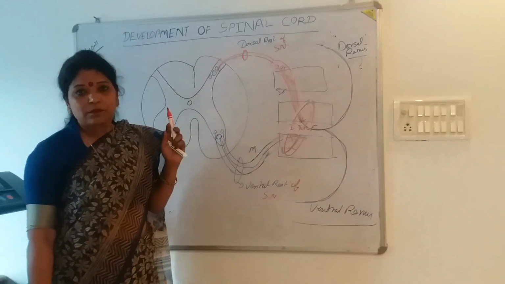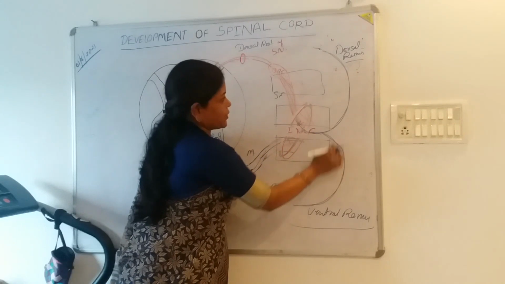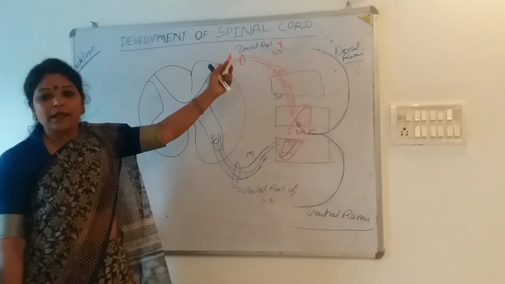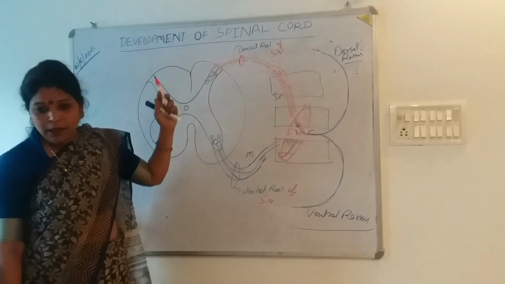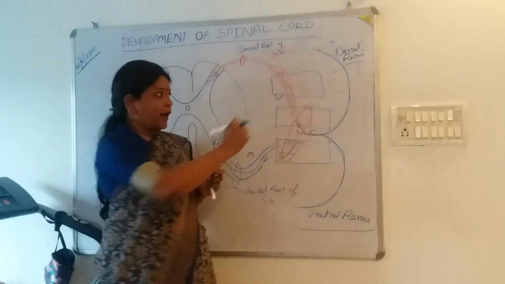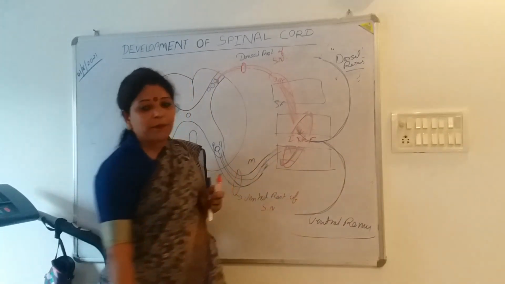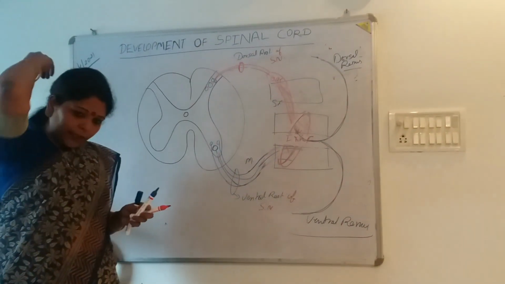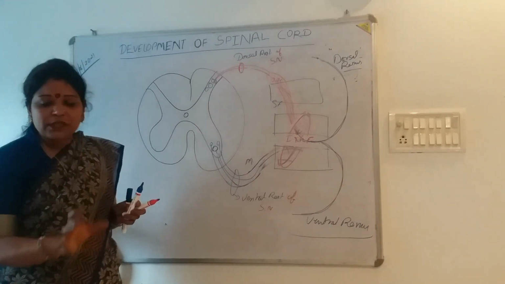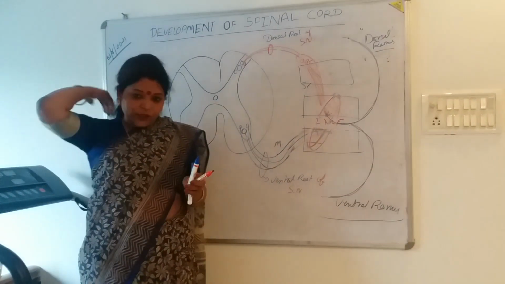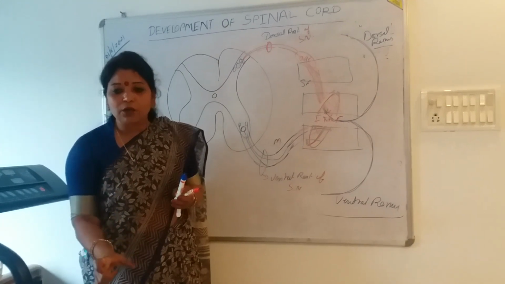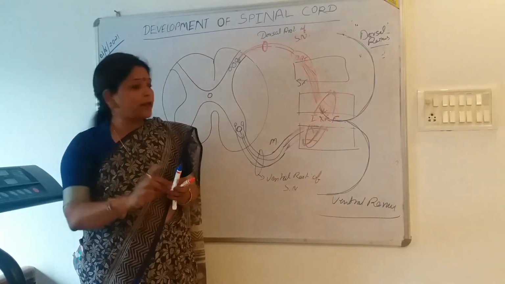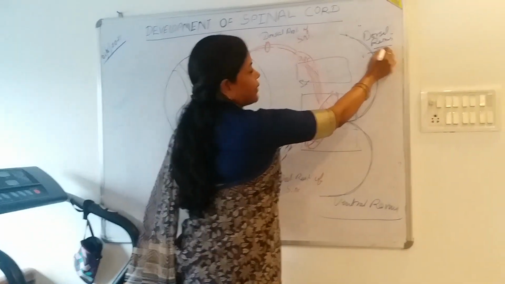Tell me. Both the branches, whether it is the dorsal ramus, are mixed, containing both sensory and motor. Suppose I say the dorsal ramus fibers of the spinal nerves are supplying which structures? Look at the back. There is the skin, muscles on the back as well as the vertebral joints. So all these structures are supplied by this dorsal ramus.